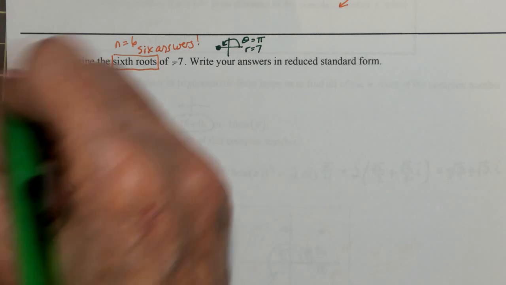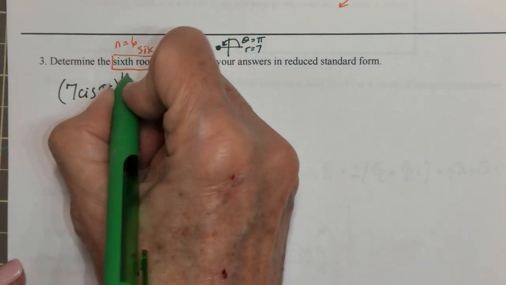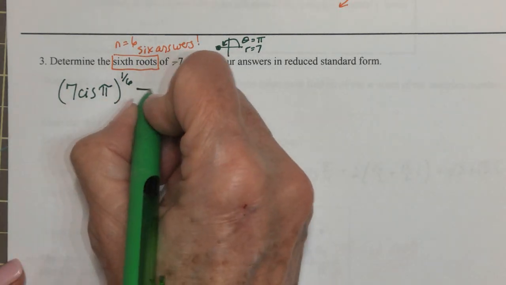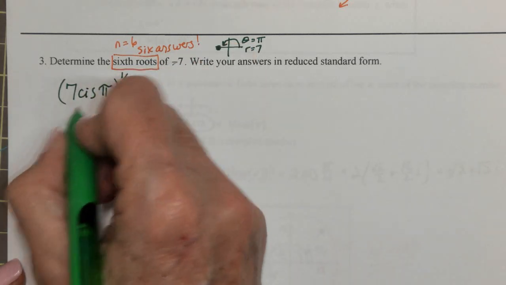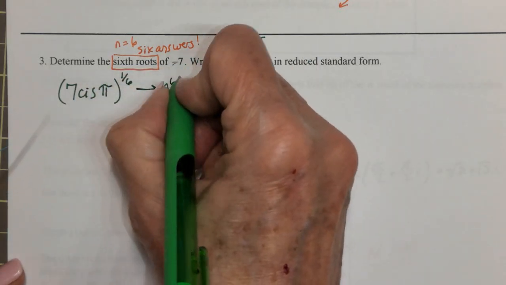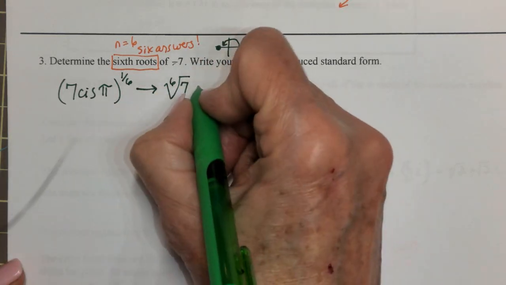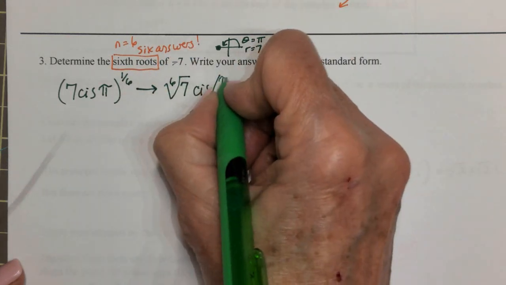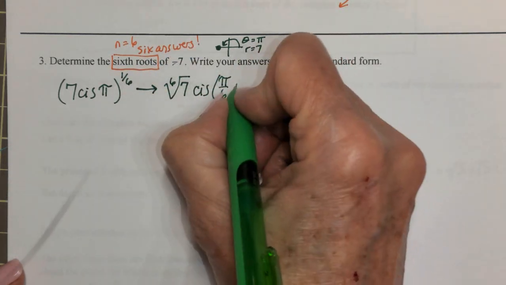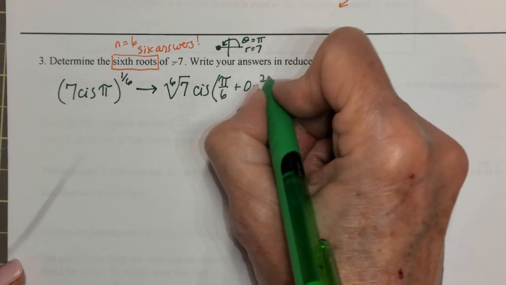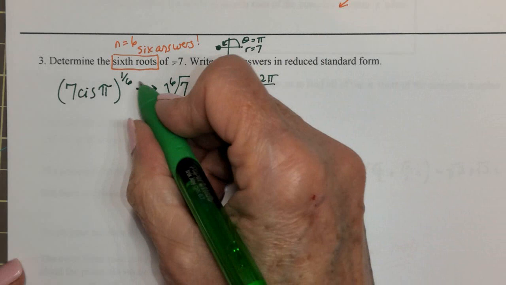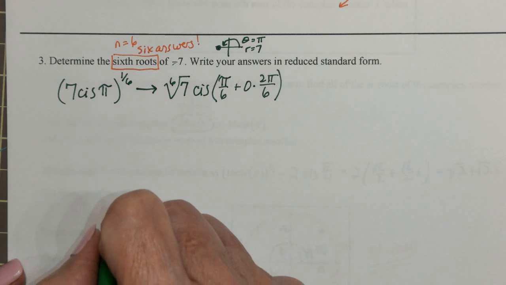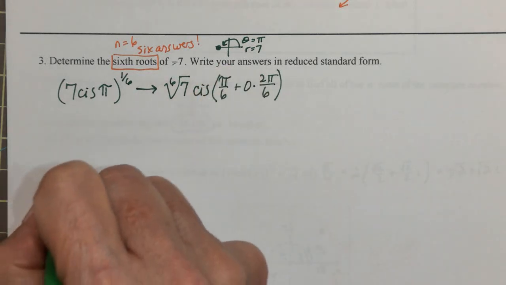Okay? And I want to find the sixth roots of it. So I first have the sixth root of 7. And then it's cis. Pi times 1/6 is pi over 6, plus 0 times 2 pi over n, n is 6. Right? That's going to give us the first answer.